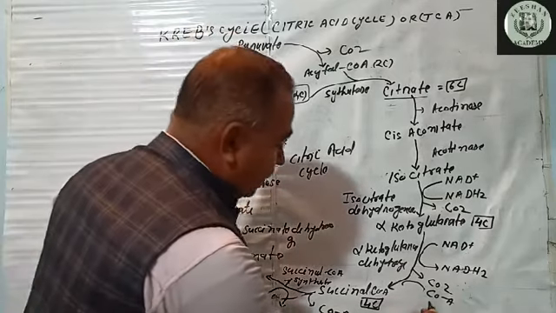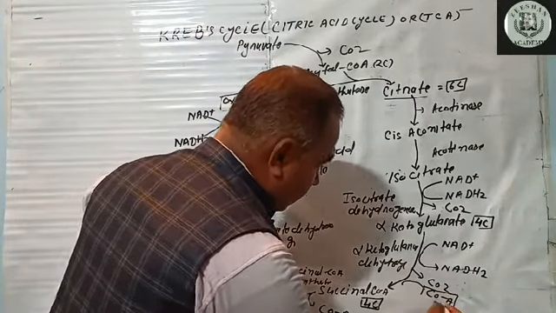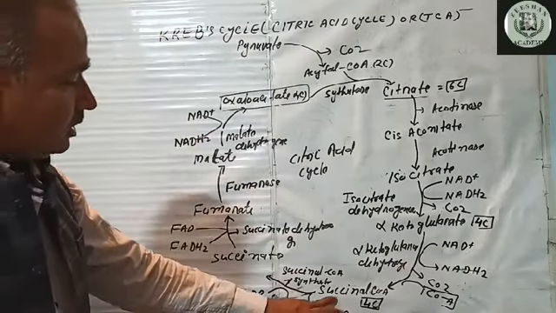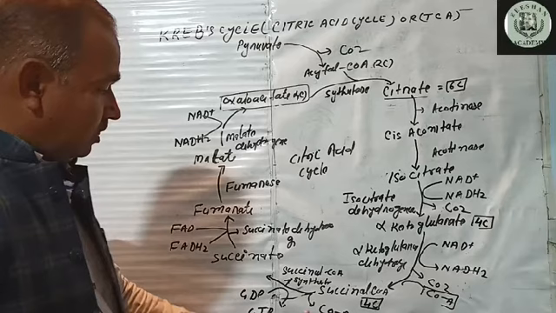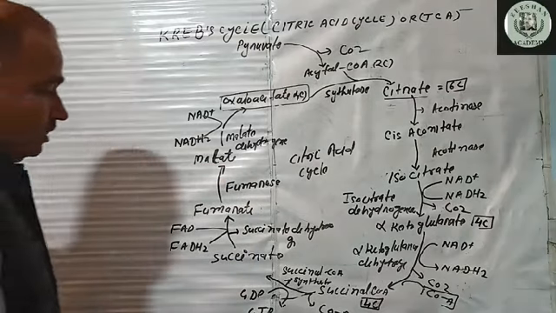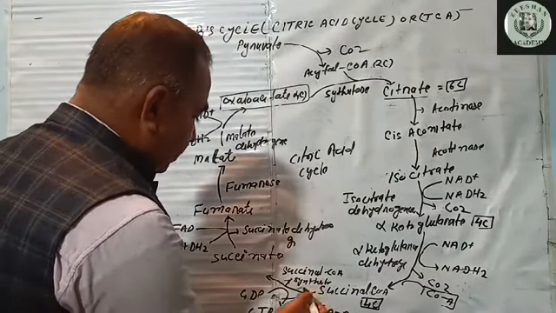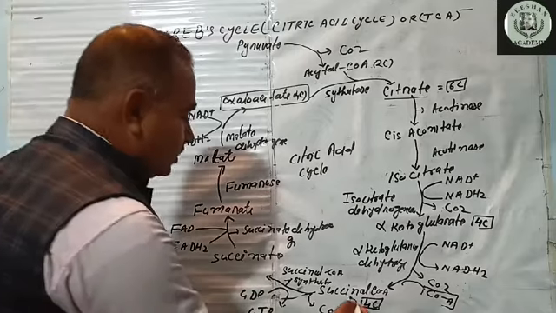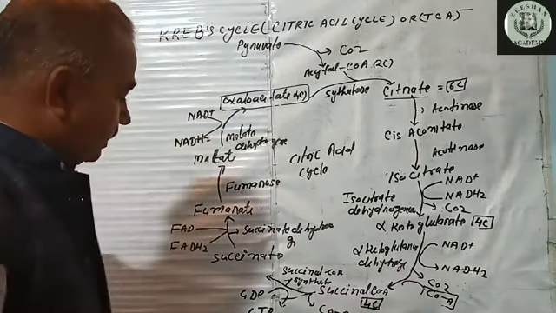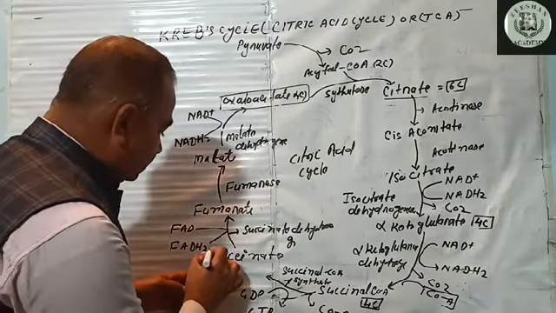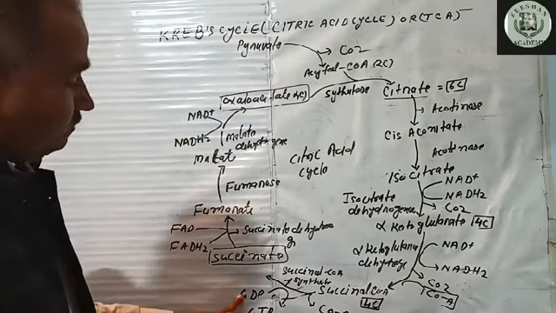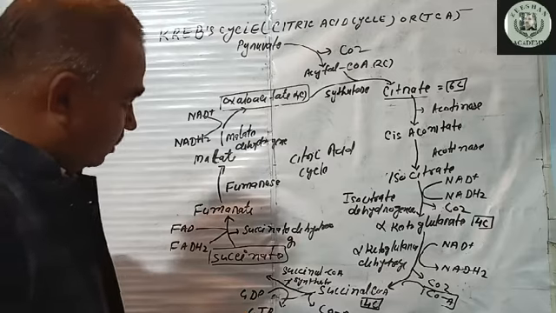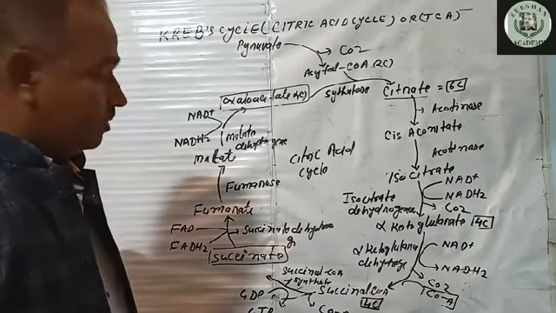In this step 1 mole of coenzyme is added, and finally succinyl CoA, a 4-carbon molecule, is formed. In the next step, with the action of succinyl CoA synthetase, this succinyl CoA is converted into succinate. In this step, 1 mole of GDP is converted into 1 mole of GTP.